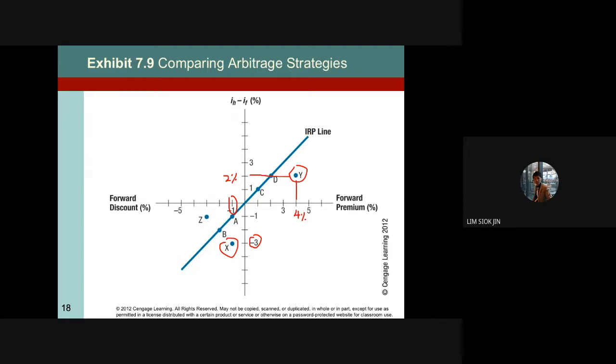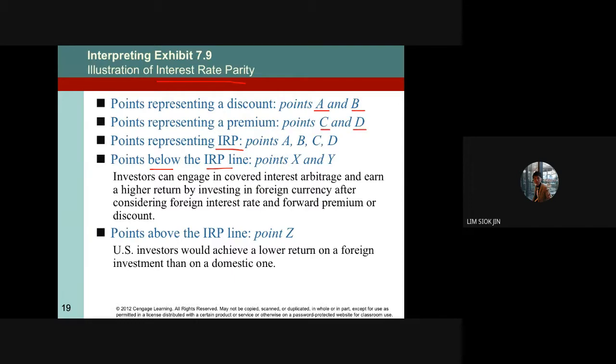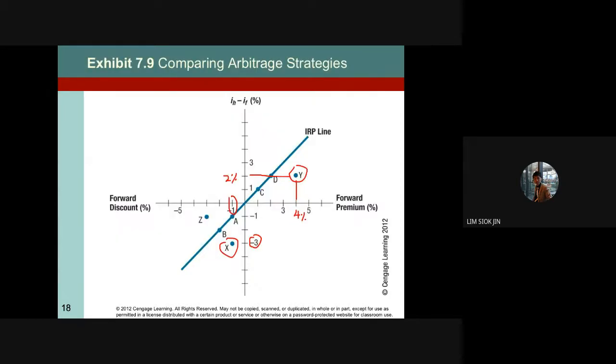All right. So what does it mean? It simply means that investors can engage in covered interest arbitrage, earn a higher return by investing in foreign currency. All right. However, in point Z, above the IRP line, so if it's above the IRP line, there is a forward discount of 3%, but the foreign interest rate, IH minus IF, is -1.